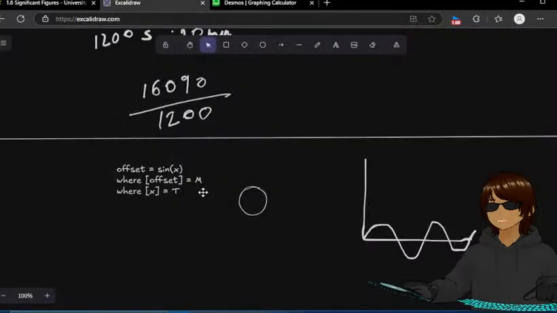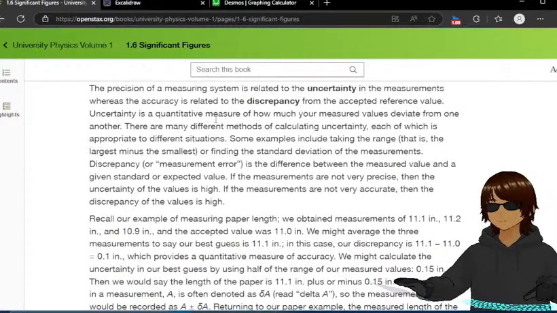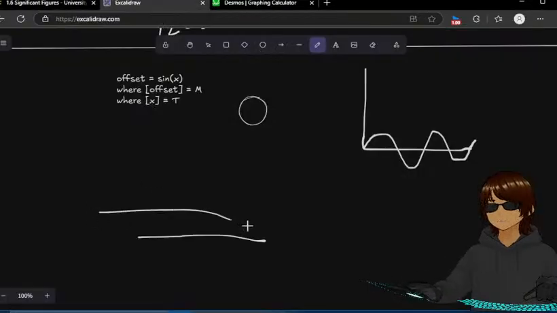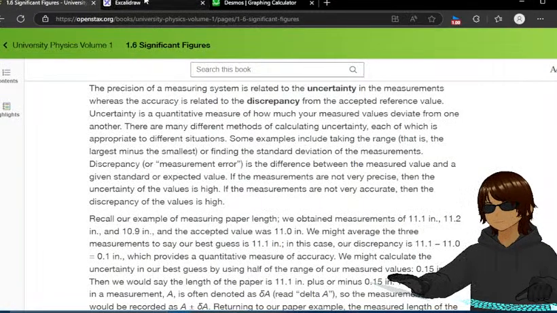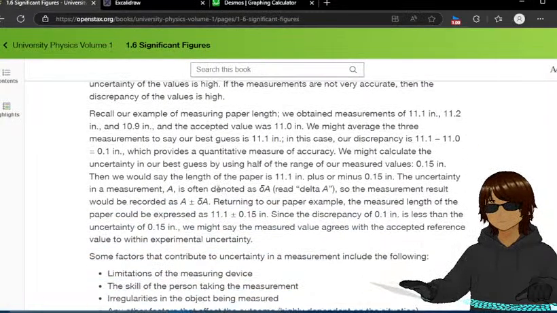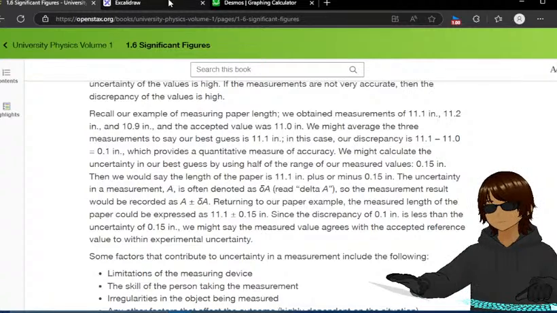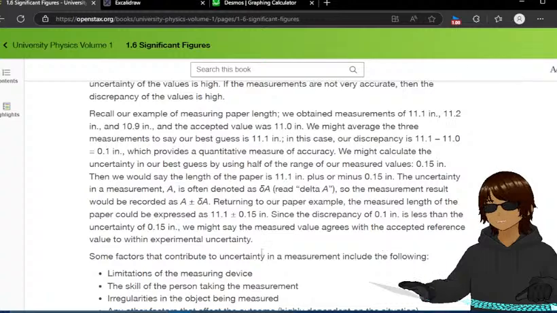Okay, wait. So if the uncertainty range was very long, and the, what's the other word? Discrepancy. The value we collected was longer than that. Then it's very difficult to say that the measured value agrees with the accepted reference.